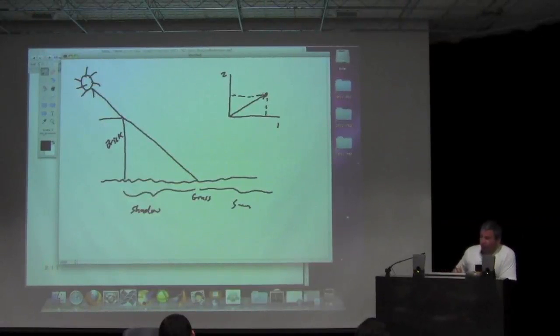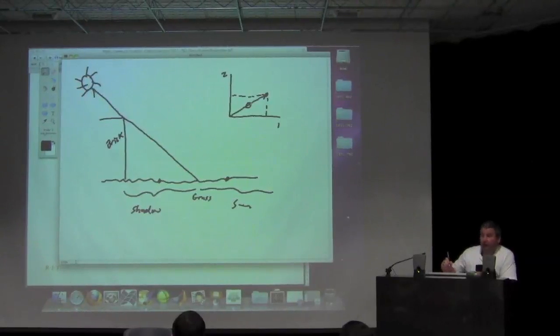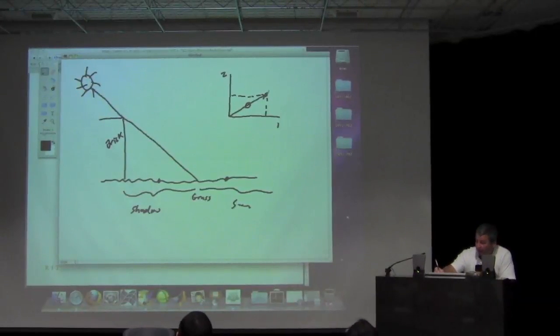So that two-space position would show the position of that vector in two-space. If I were to look at a point out in the sun and a point in the shade, then the premise was that the one in the shade might fall here on the vector, and the one in the sun might fall here at the end of the vector. But they all fall on that same vector.